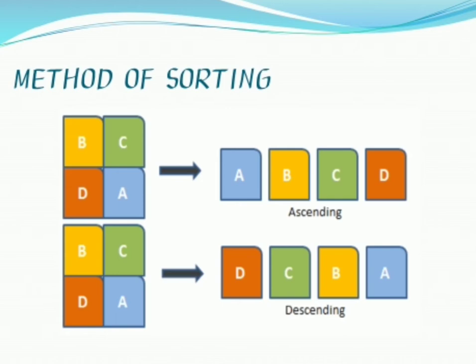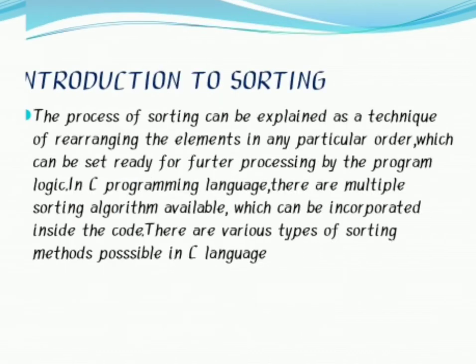Let's have some introduction to sorting. The process of sorting can be explained as a technique of rearranging the elements in a particular order, so that they are ready for further processing by the program code. Not only insertion sorting, we have many types of sorting methods available.